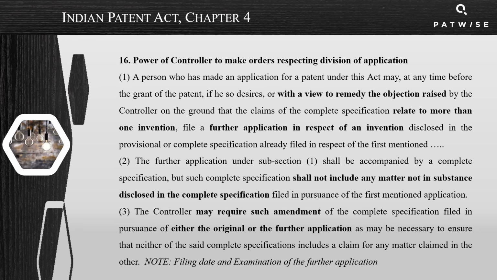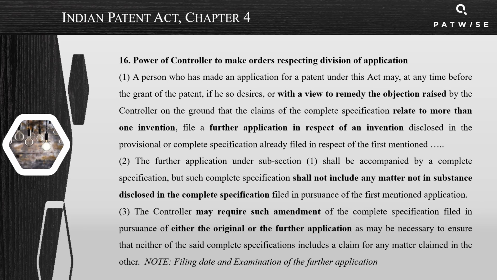Now this further application has to be accompanied by a complete specification, but it has to be noted that such other complete specification should not include any matter that has been disclosed in the first application. So these two should be two separate applications originating out of a single application, and these shall not include the same claims or the same subject matter.